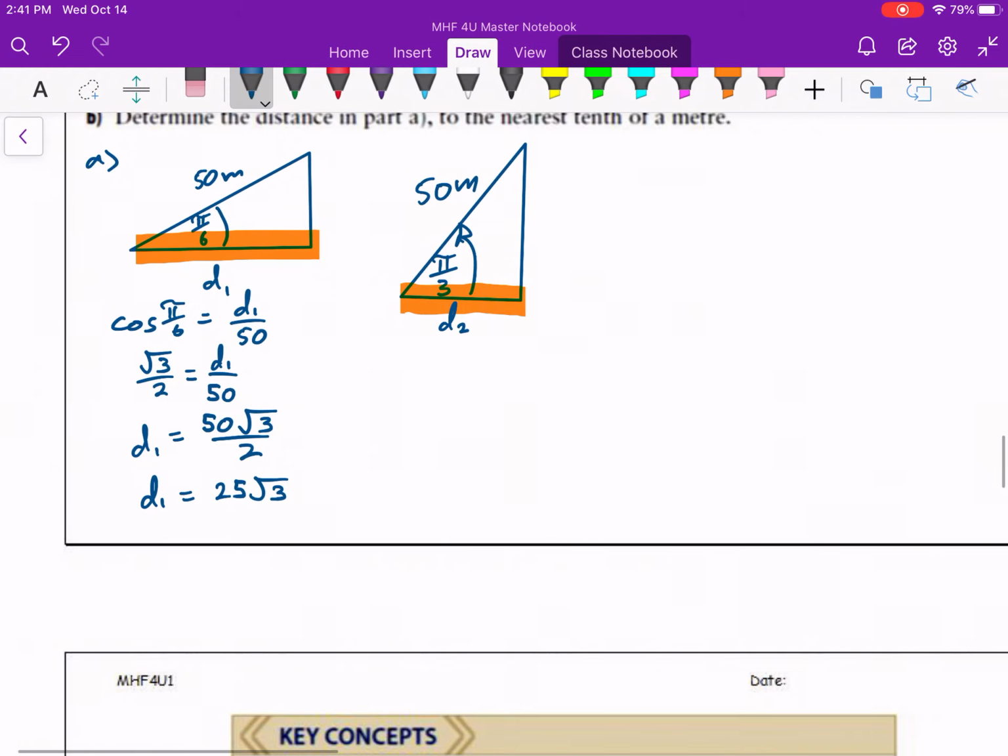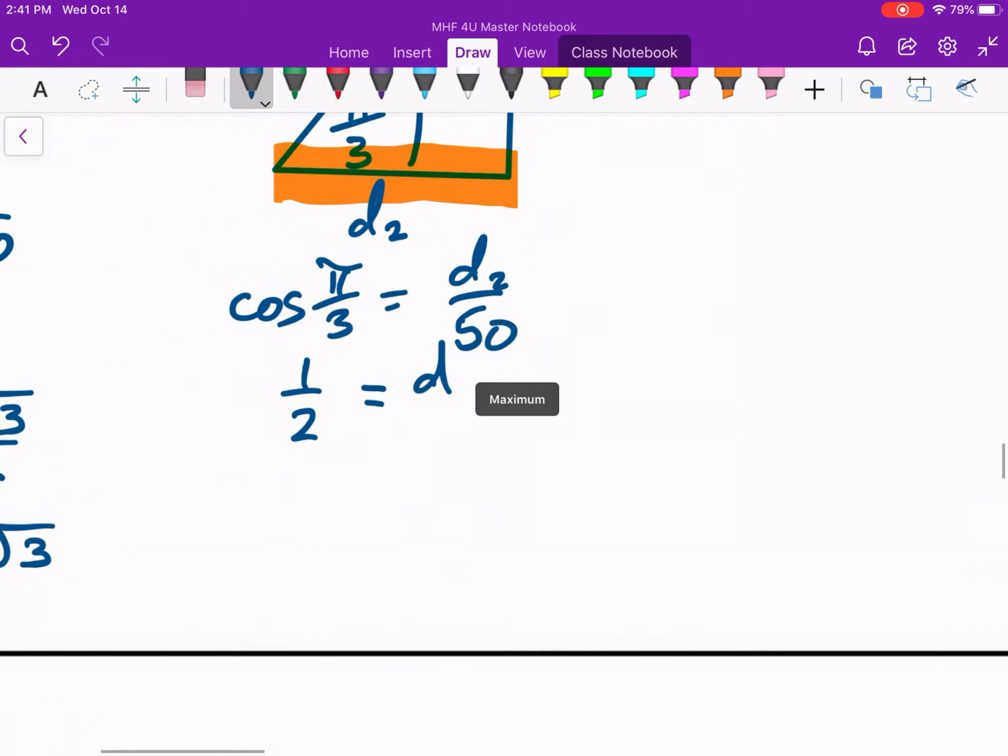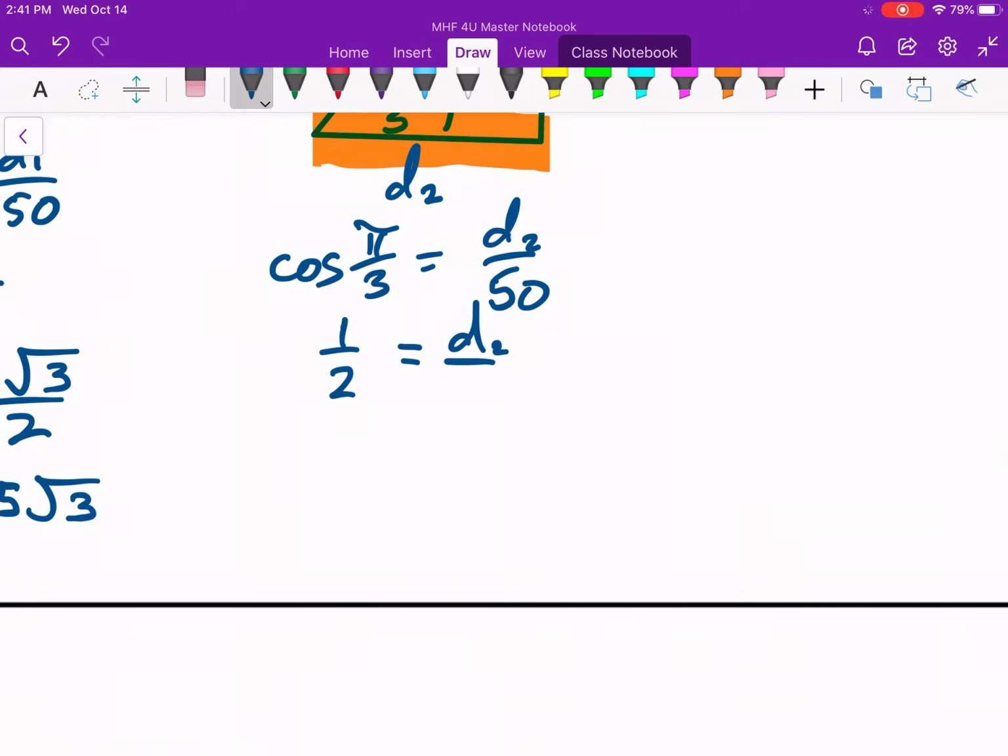Do the same steps. And cos of pi over 3 is just a half. Zoom in so it can be a bit neater. And so if I isolate D2, a half times 50 equals 25.